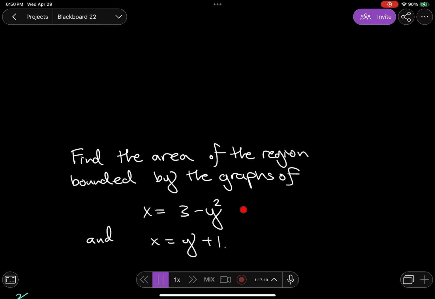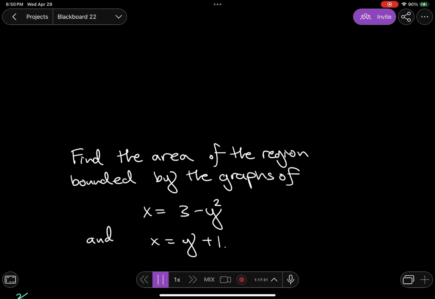This is not a well-defined function in the xy plane. Notice that our dependent variable is x right here, and our independent variable is y. So this is a sideways parabola, and this would be a line, which is perfectly well-defined. But this one is not well-defined.